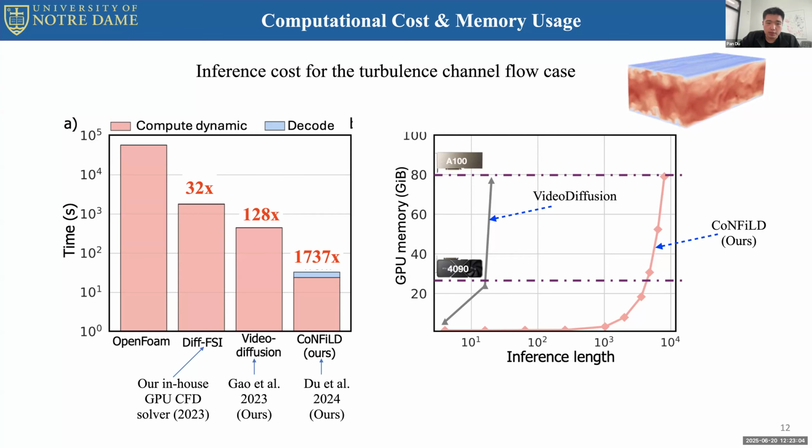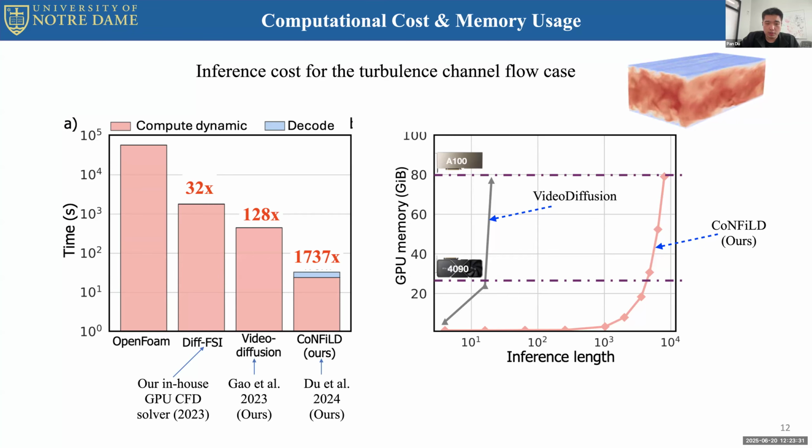And we also plot out the GPU memory usage, comparing the video diffusion model, which is the state-of-the-art method in previous work, to our CoNFiLD. You can see that the video diffusion quickly reaches the upper limit of industrial-standard GPUs when the inference length increases.